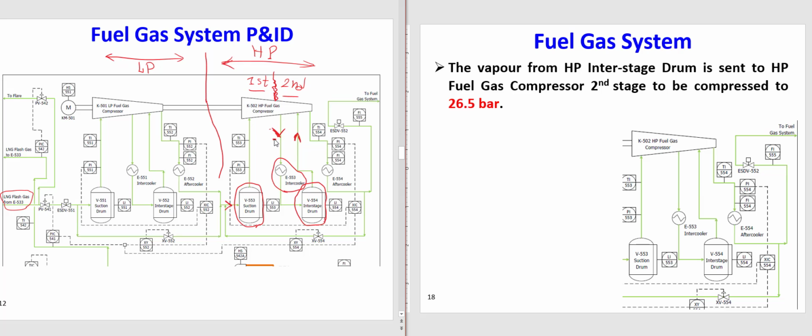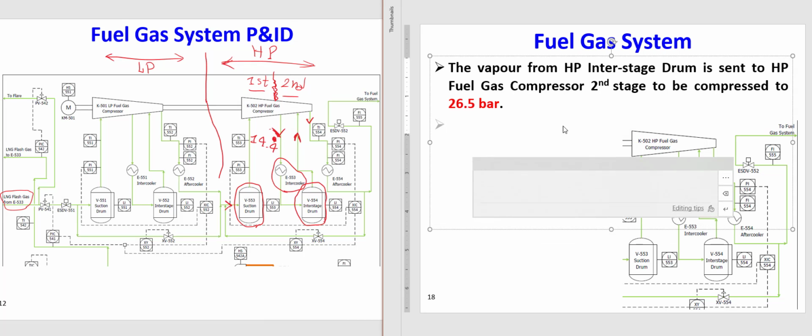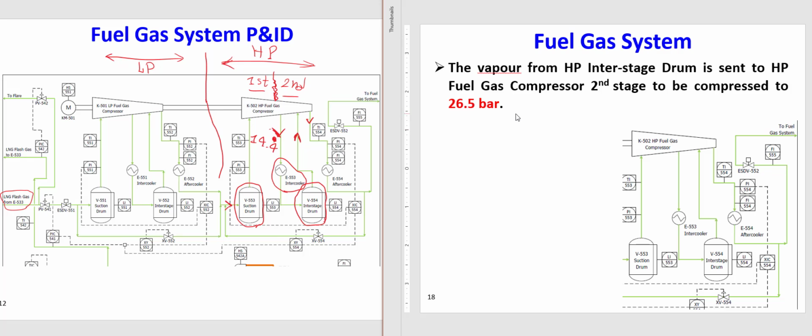The pressure was 14.4 here. Now it reached here, to which temperature? It goes through the second stage, and it leaves at a pressure of about 26.5. As I said, it gains almost 12.